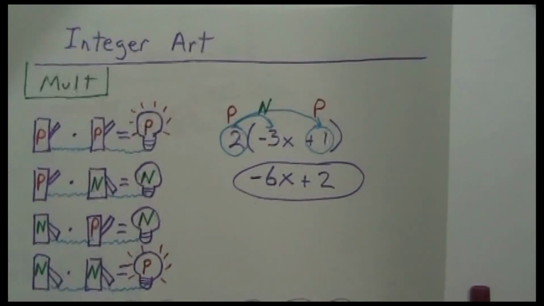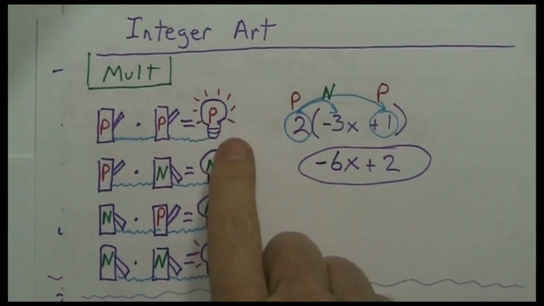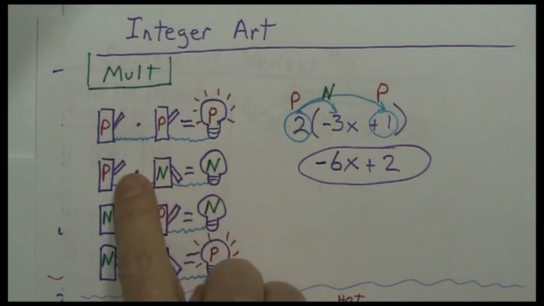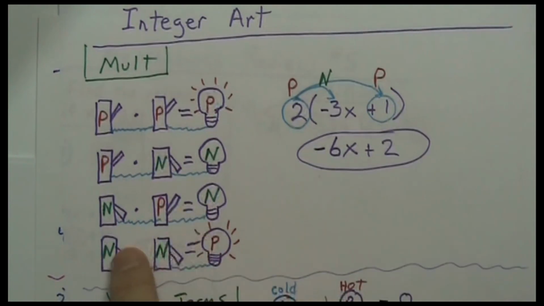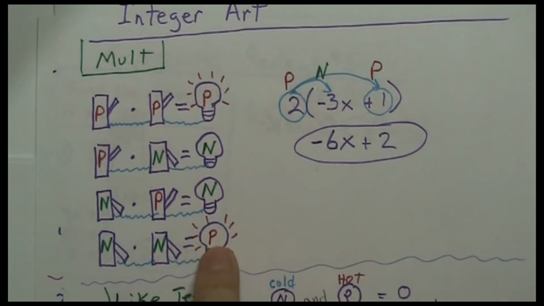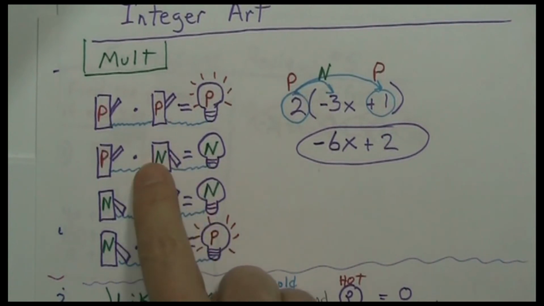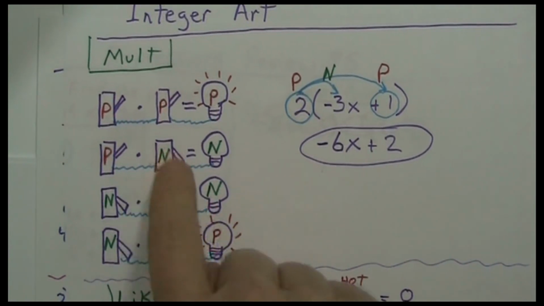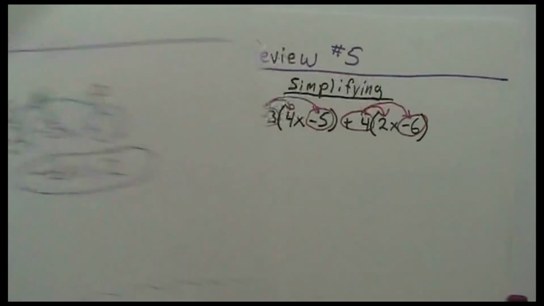I don't know if that's easy for you or not, but basically it comes down to positive and positive is positive, right? If you have one negative, it's negative. And if you have two negatives, it's positive. Two positives is positive, and two negatives is positive. That's weird, but that's the way it works when multiplying. One negative is negative.